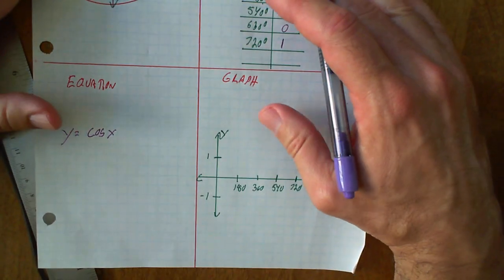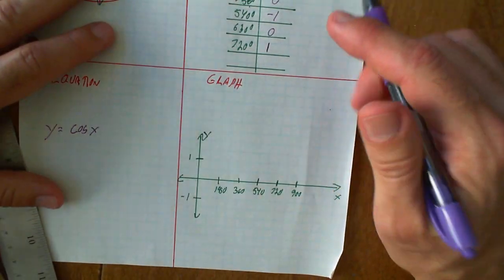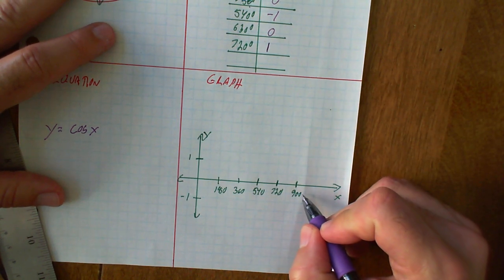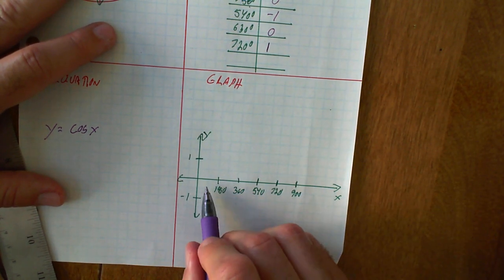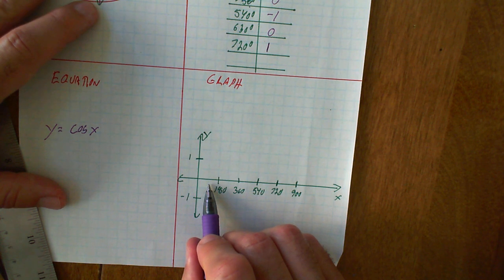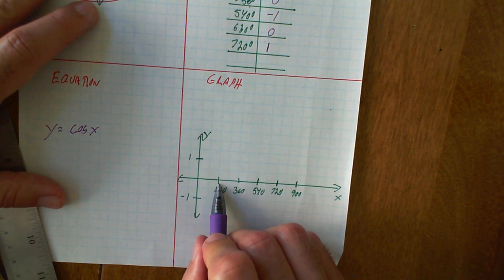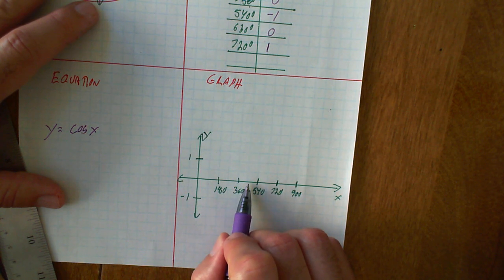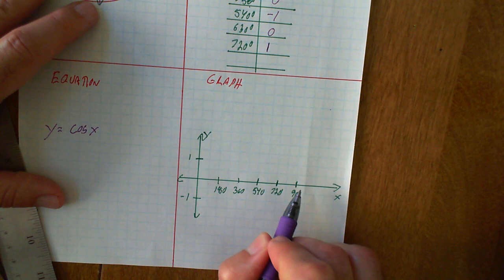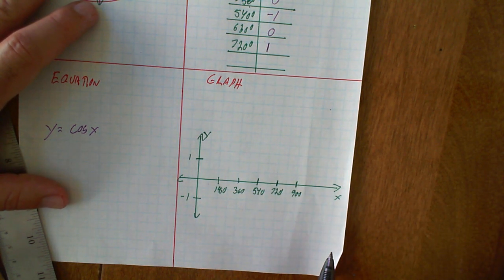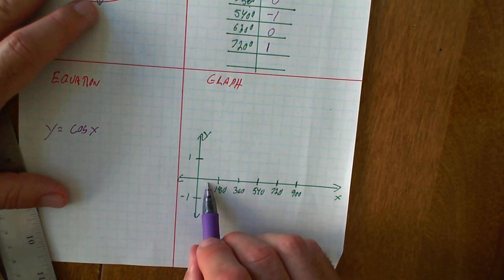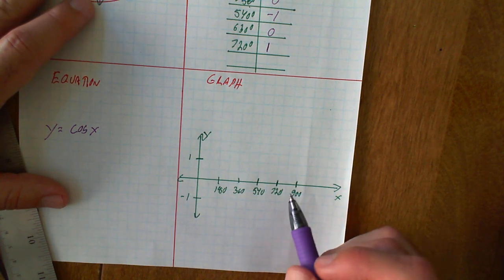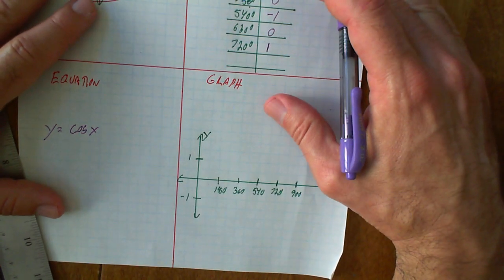And let's go ahead and graph it. Now, normally we're going to do this in radians, but since we don't know radians yet, we're doing this in degrees. Notice I did this in multiples of 90 degrees. 90, 180, 270, 360, 450, 540, and so on. Okay? So go ahead and copy that. I skipped the 90. You can put the 90 in there if you want. I just ran out of room. So what is cosine?